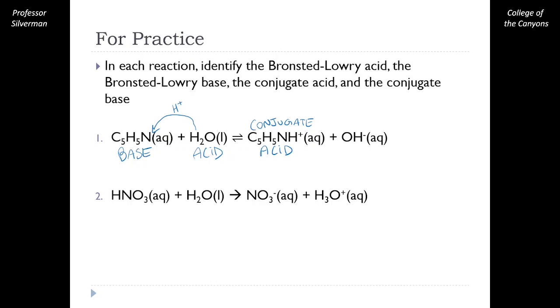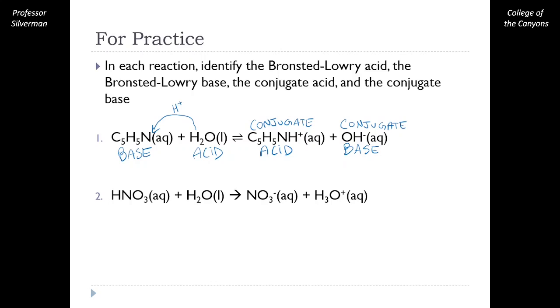If we want to identify our conjugate base, well, our acid on the left side will turn into the conjugate base on the right side. It turns into that conjugate base by removing that H+. It must be our hydroxide that acts as that conjugate base.